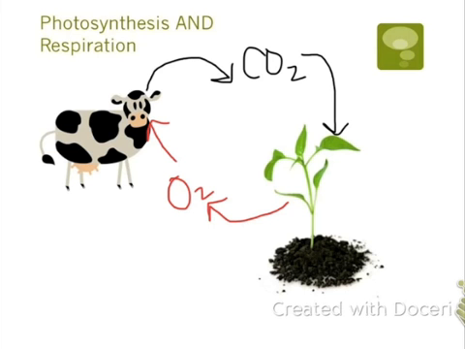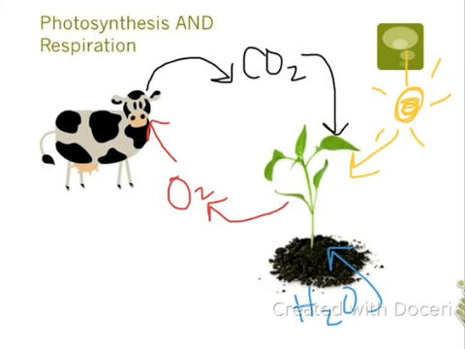Of course, we can't forget about the other parts of photosynthesis and respiration. That energy comes from the sun and is used by the plant. We also have water absorbed by the roots during photosynthesis.